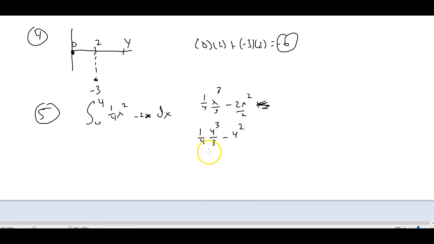So this gives me 64 over 12 minus 16, which I can simplify by simply saying 16 thirds minus 16, which gives me a whopping negative 32 thirds, which is negative 10 2/3, and I'm done. That's how I do number 8. No, sorry, number 5.